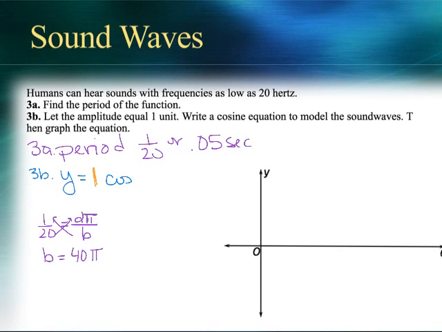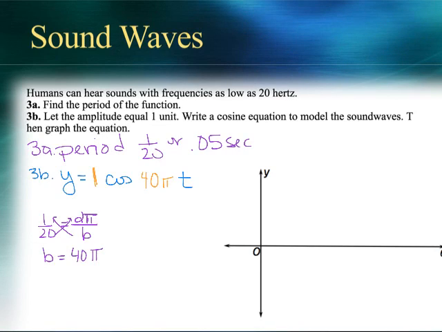So our equation then would be y equals 1 cosine 40 pi is our B value. And then times normally theta, but they want us to use time for our theta instead of that theta symbol. They want us to use time.